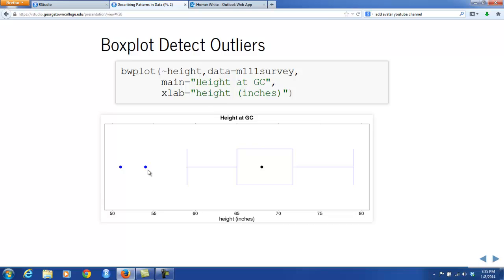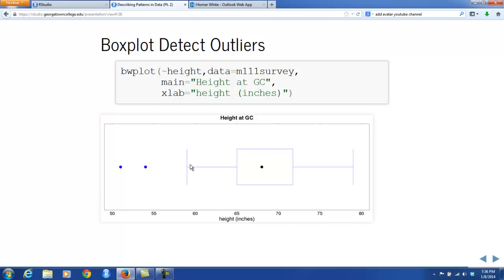Their height values were way below the other people in the study. Now, when R finds values that are possible outliers, it plots them on a box plot individually as their own points. And then the hinge that comes next to it is at the lowest level that would not be considered an outlier.